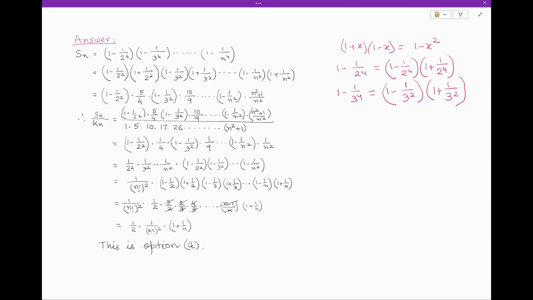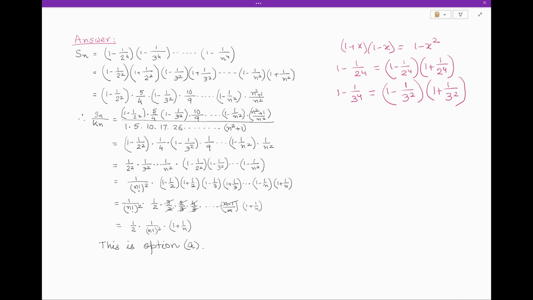And we know the value of Kn given in the question is 5 multiplied by 10, like this it will go on until n square plus 1. Therefore, Sn by Kn is this term divided by this term.